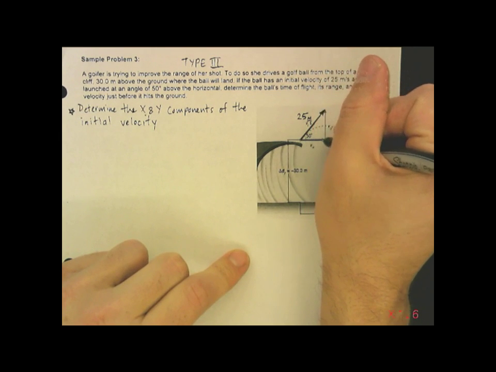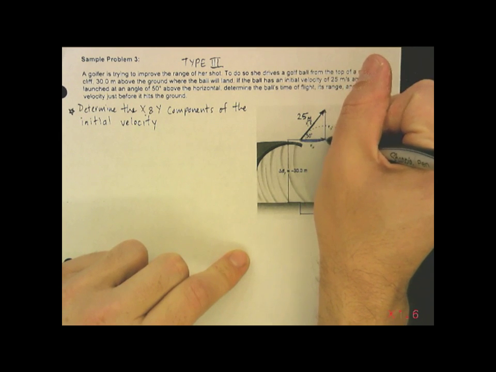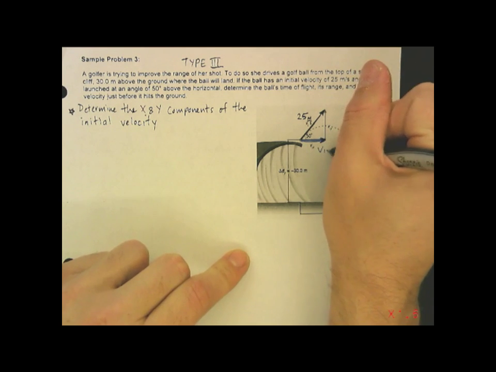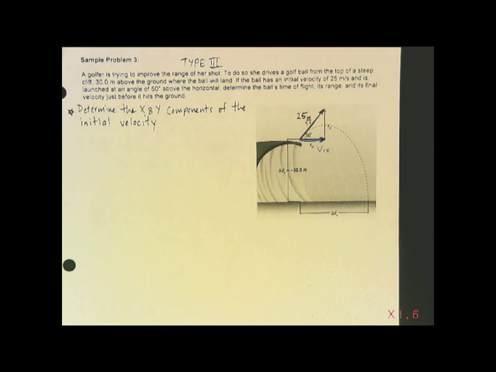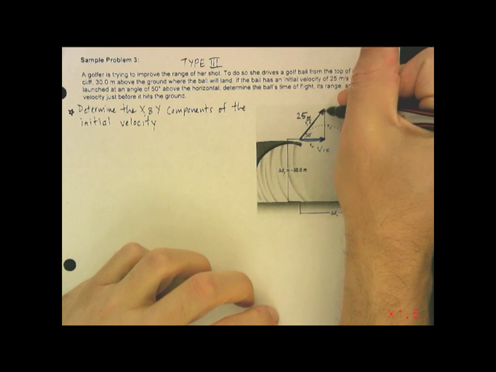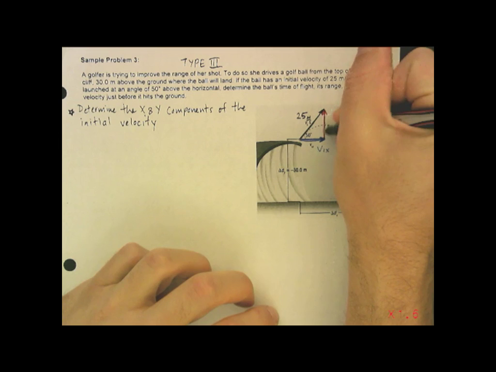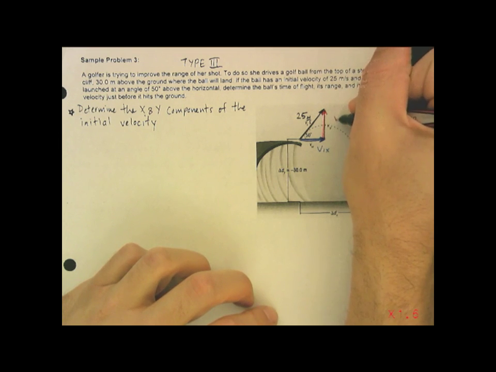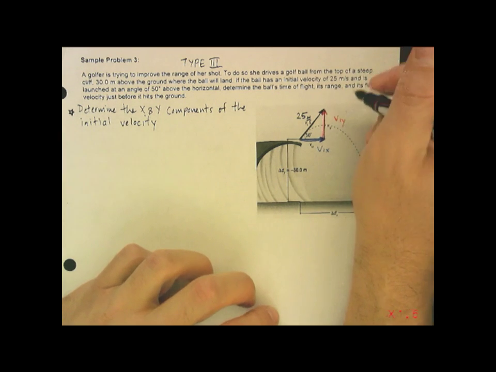The x component is the horizontal component, this part right here. This would be the initial x component. This vertical component represents the initial y component.